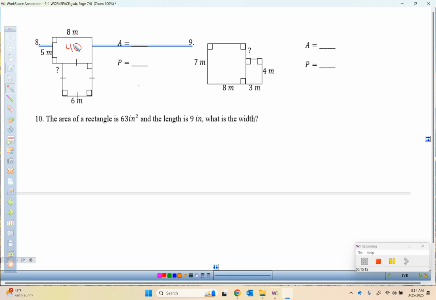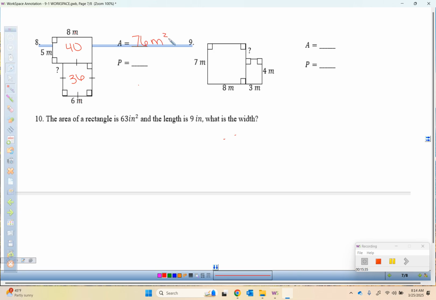And then this one is a square, so this would be 6 squared, or 6 times 6, which is 36. So I have the area of this one and the area of this one. The whole area would be 40 plus 36, which is 76 meters squared.